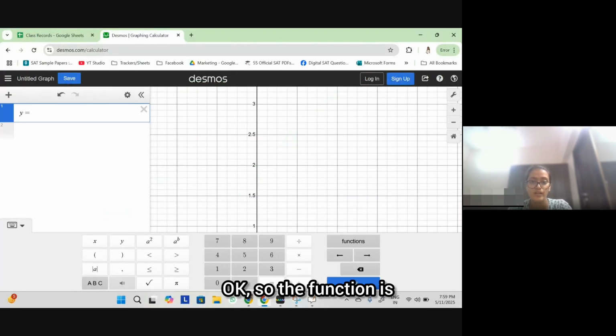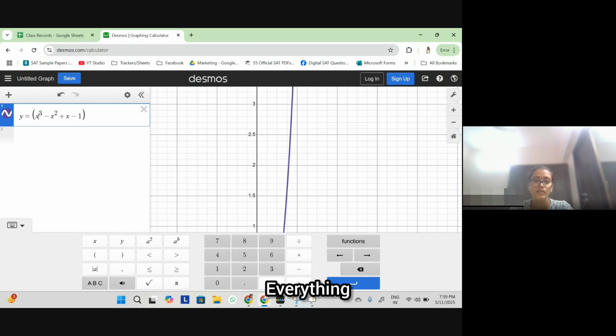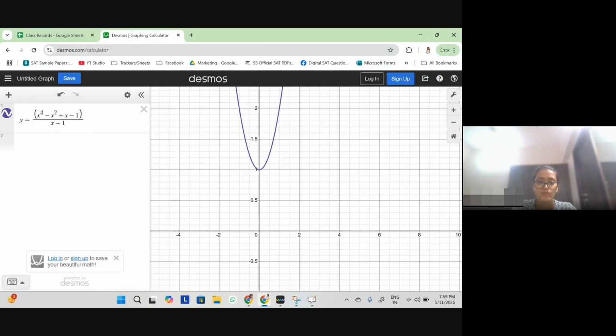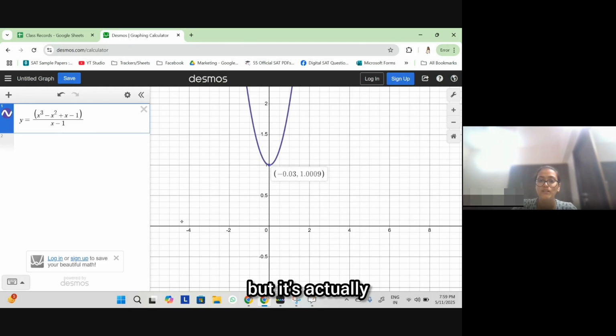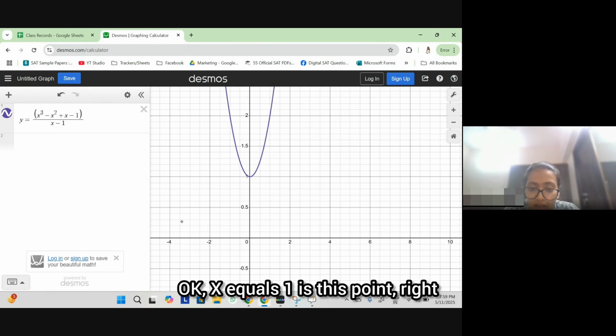Okay, so the function is x cube minus x squared plus x minus 1, everything over x minus 1. The value at x equals 1 looks very normal, but it's actually not. x equals 1 is this point, right?